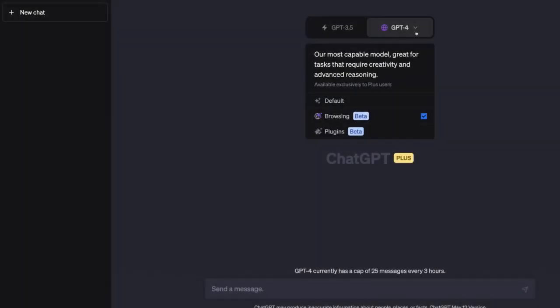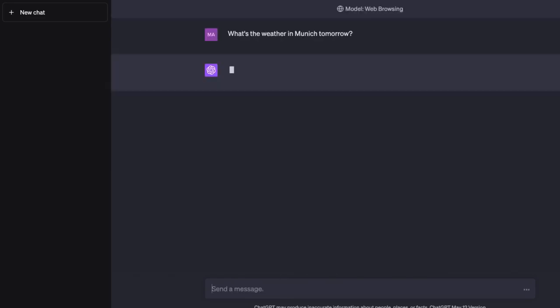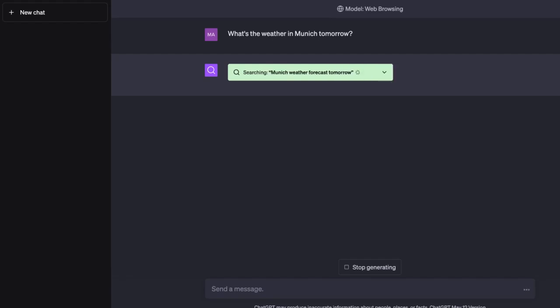At least unless you have access to ChatGPT plugins or ChatGPT with web search, which at this point of time is only available to ChatGPT Plus users. So if you do have a ChatGPT Plus subscription and you are using ChatGPT with web search capabilities, you can of course also ask questions or request responses that do need data past September 21, because ChatGPT should then be able to search the web.